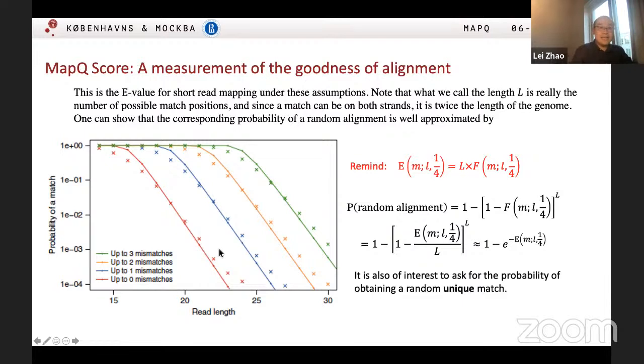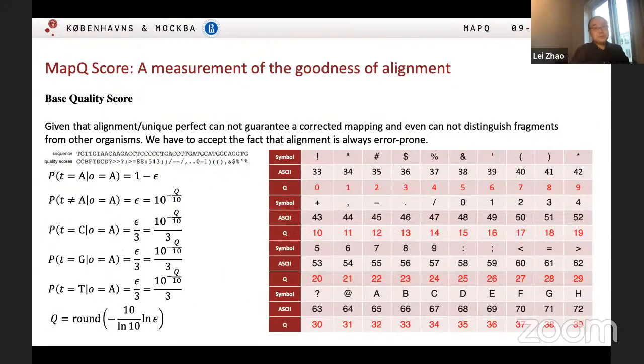Or at least what we can say is that we can find some positions for this kind of external short read data. So even with a perfect match, or even if we know some positions can align the short read, we can neither say this short read is from this endogenous genome, nor that this is the right position for this short read.